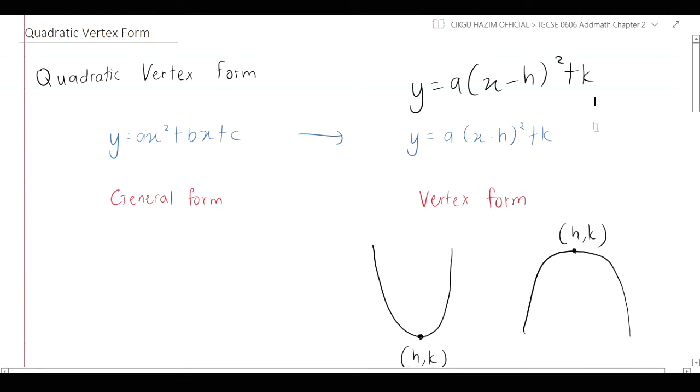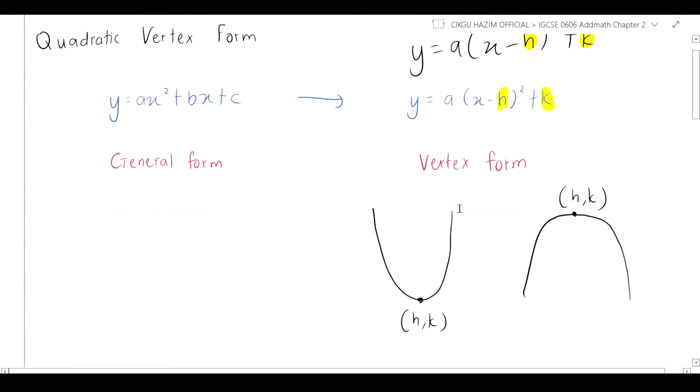How do you get it from the equation? Please understand that h and k are the ones we are looking for. If the graph is a smiling shape, the minimum point is the coordinate (h, k), and for the sad-face shape, the maximum point is (h, k).